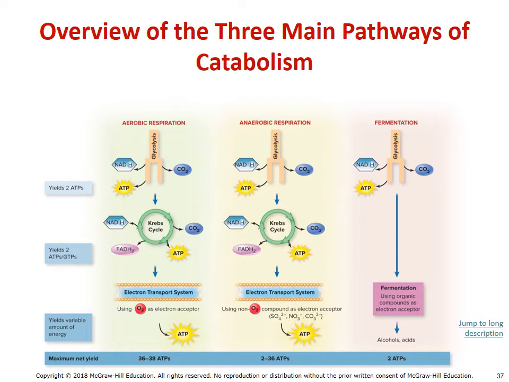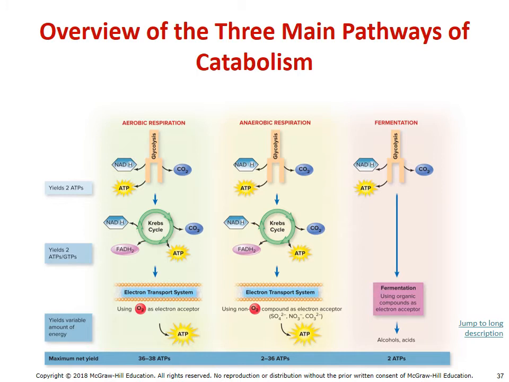With aerobic and anaerobic respiration, we do all the steps, as we can see here. But notice how fermentation is really just glycolysis, and then we take the waste products from glycolysis and convert them to other things like alcohols, acids, and gases.